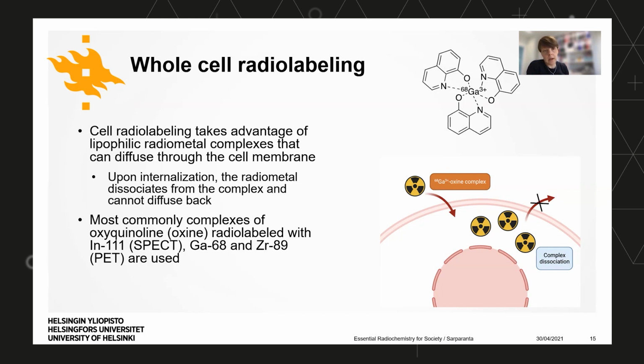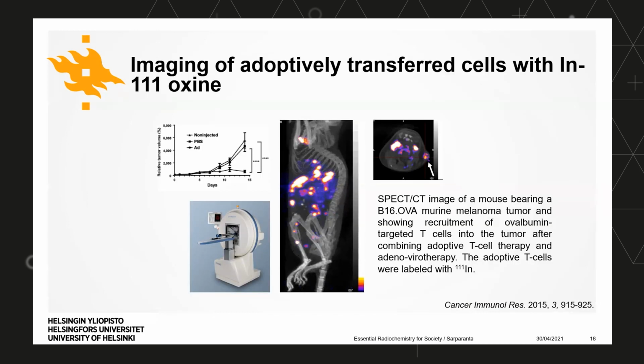The most commonly used complexes are those of hydroxyquinoline, or oxine, radiolabeled with indium-111 for SPECT imaging, gallium-68, and zirconium-89 for PET.